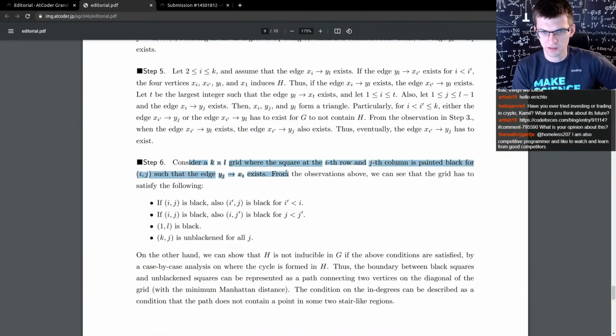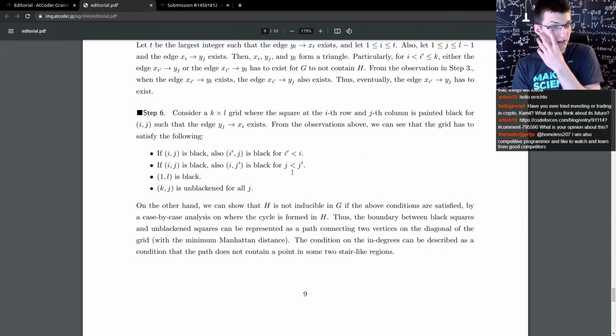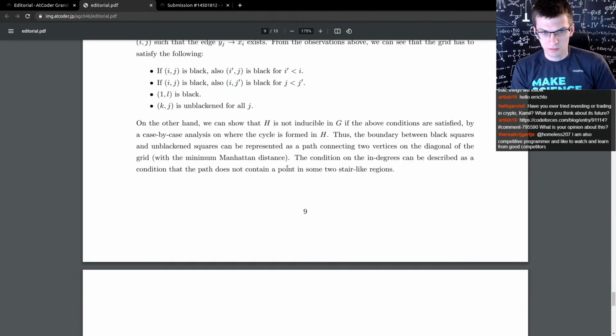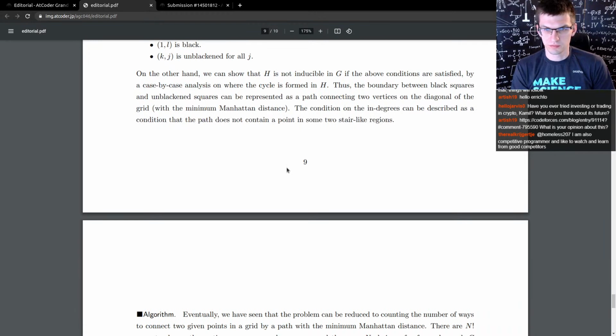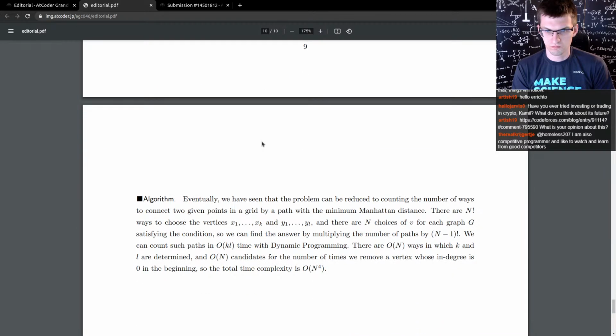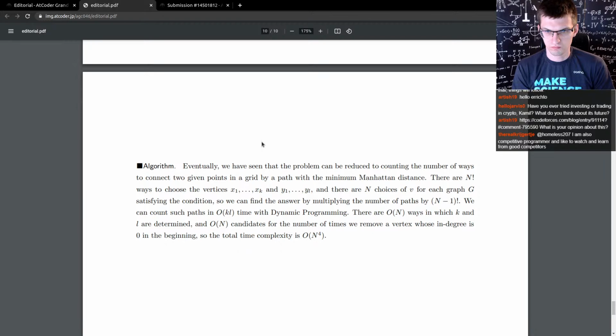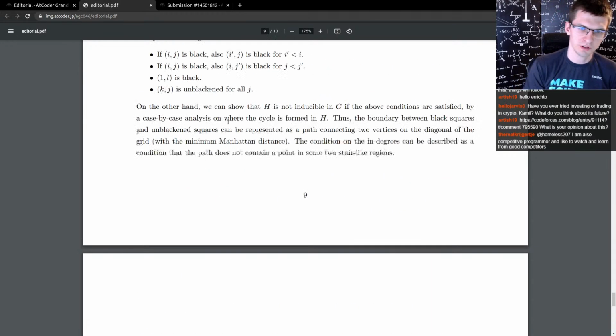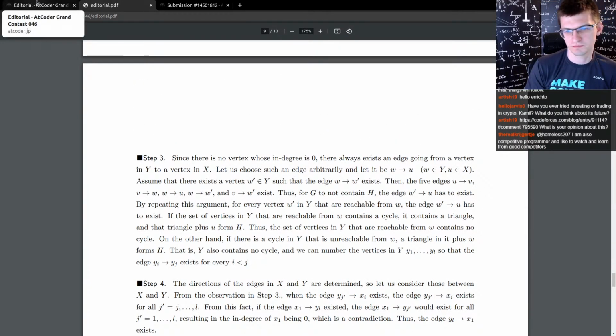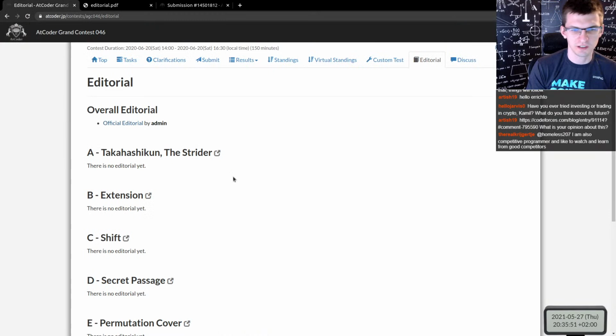K by L grid. Yeah, and there it's like a path through a grid. Okay, I don't want to read everything here in detail, but at the end we did the same. There is that DP, we chose arbitrary vertex, so it seems that the solution is at least very similar, maybe the same.